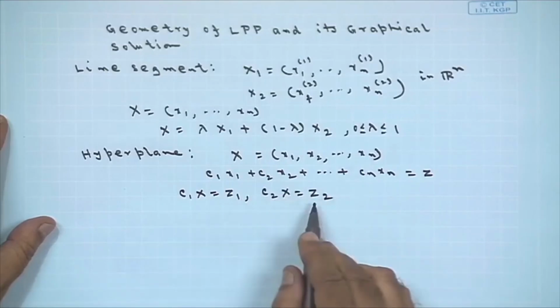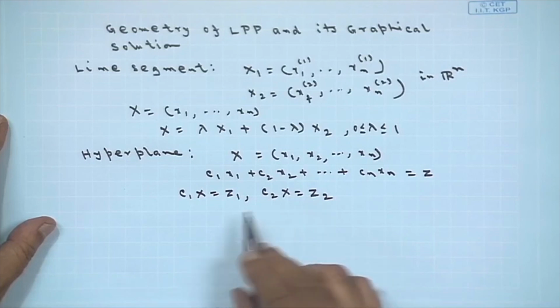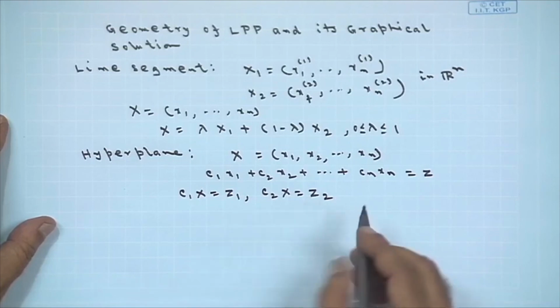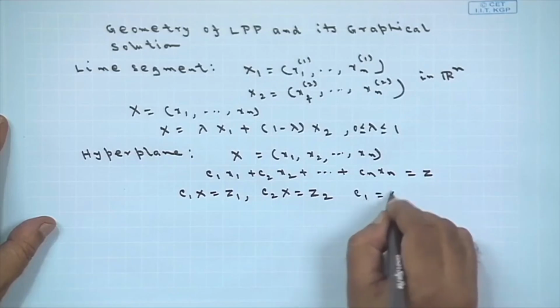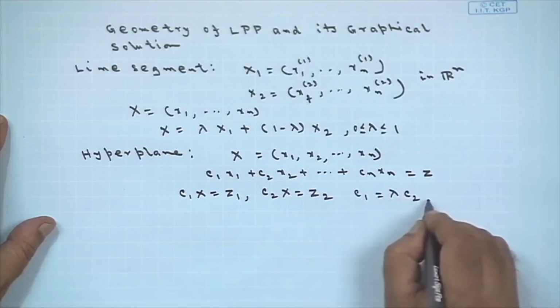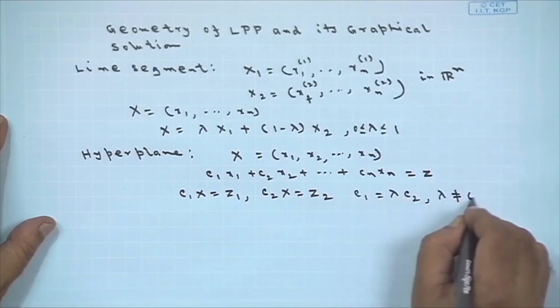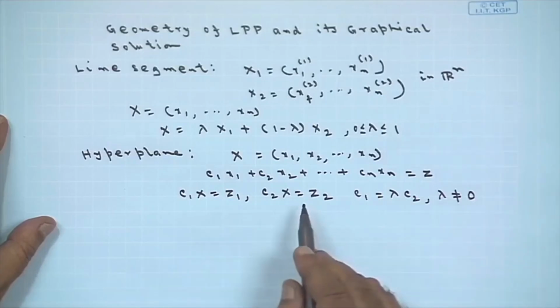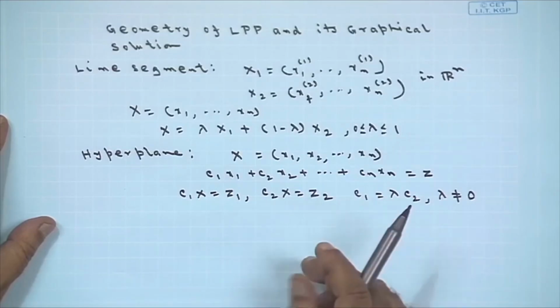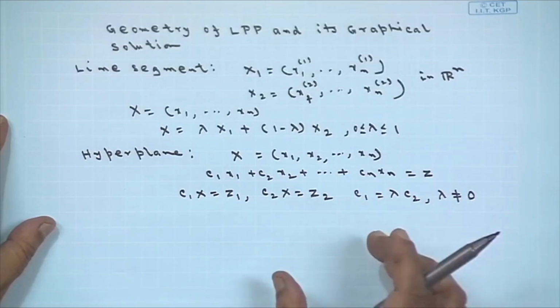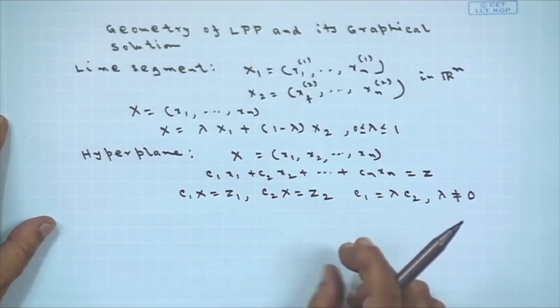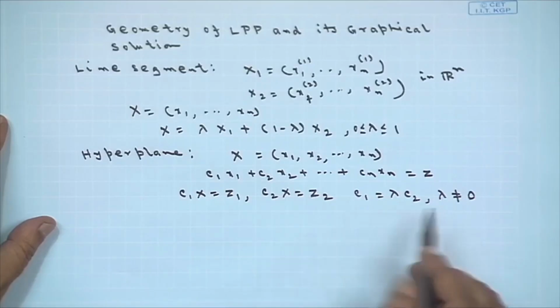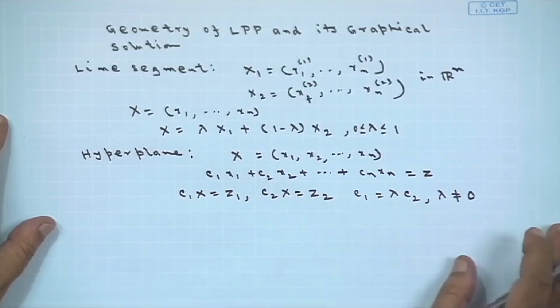These 2 hyperplanes will be parallel if c 1 equals lambda c 2, where obviously lambda is not equal to 0. In other words, 2 hyperplanes will be parallel if they have the same unit normal, that is, c 1 by c 2 equals some constant.